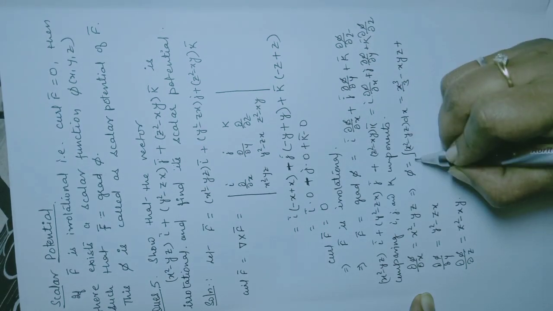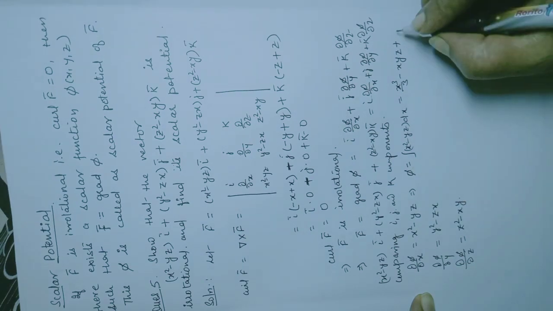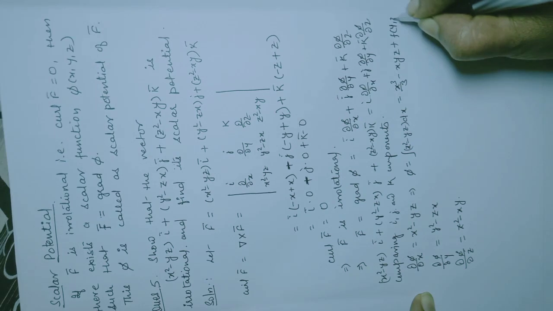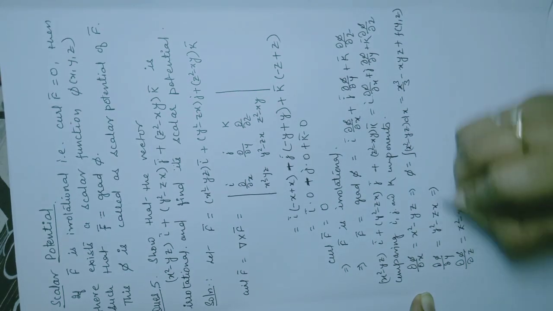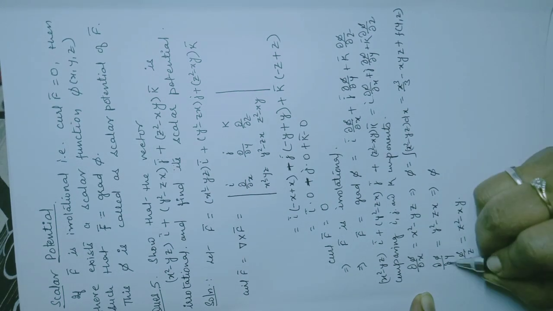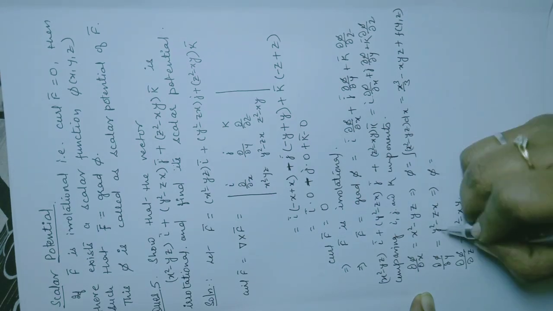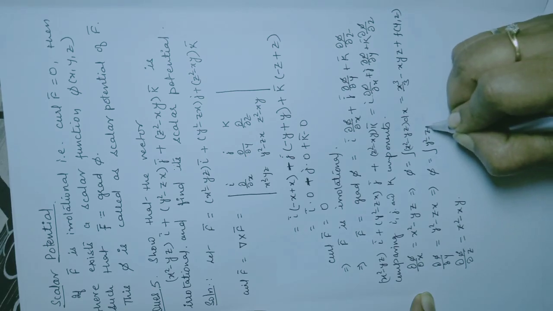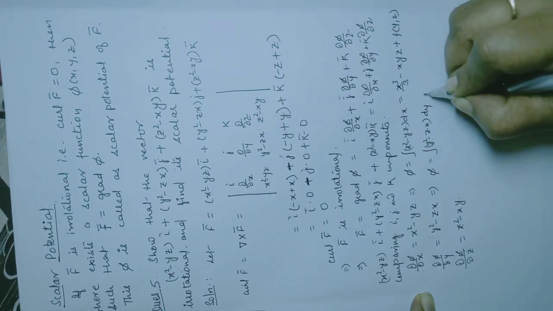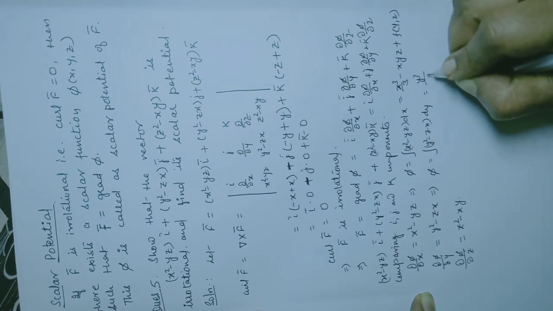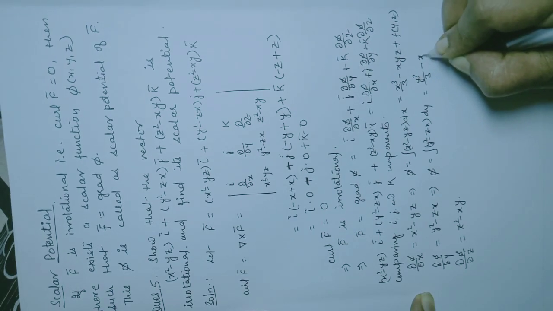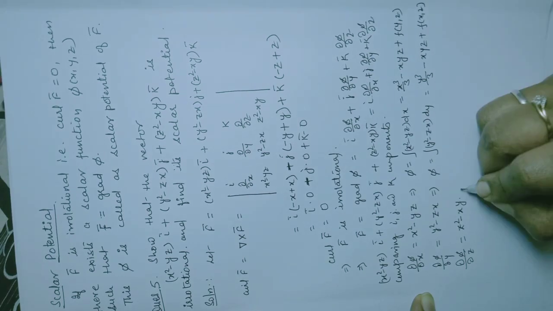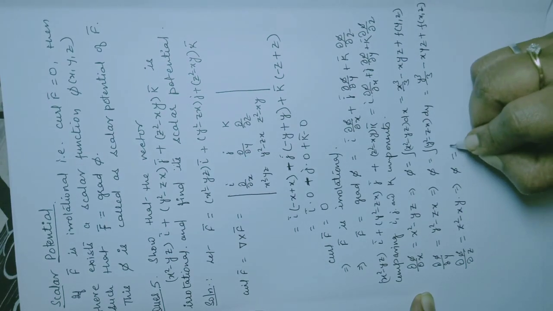Now the constant: since you are integrating with respect to x and this is a partial derivative, phi is a function of x, y, z, so the constant will be a function of y and z. Similarly, when you integrate here to get the value of phi, you get the integration of y square minus zx dy, which is equal to y cube by 3 minus xyz plus a constant that will be a function of x and z.